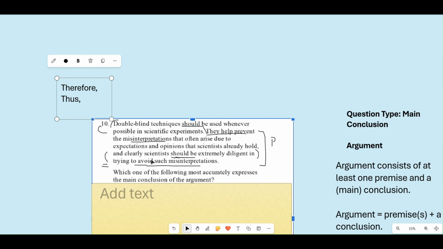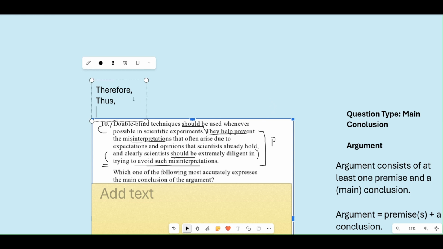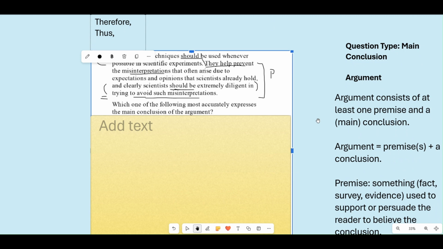But in main conclusion questions, these are seldom the right answers. These are seldom the main conclusions, because most of the time they are intermediate conclusions, since the LSAT test maker is trying to trick you into selecting this answer choice. But that's a whole other topic. Intermediate conclusions and complex arguments are a whole other topic. Let's continue on this question.